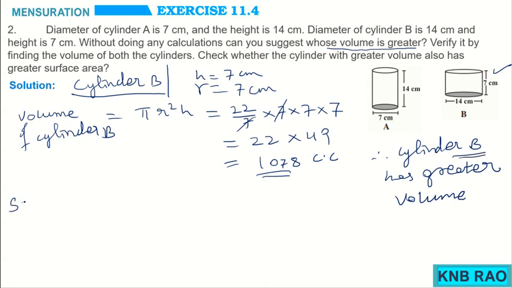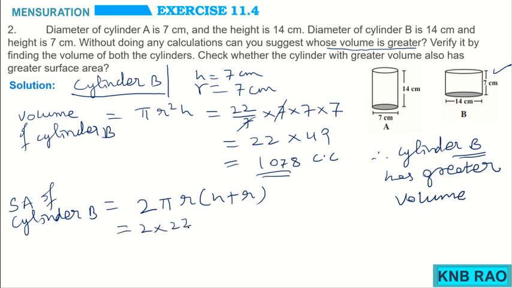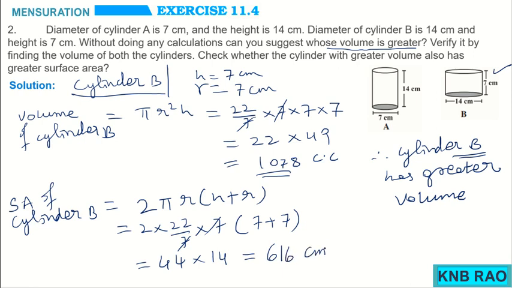Now, we will go for surface area of cylinder B. So, cylinder B surface area is also calculated with the same formula 2 pi r times of h plus r, where 2 into 22 by 7 into 7 and 7 plus 7, where this 7 and this 7 get cancelled. 22 2s is 44 into 7 plus 7 is 14, and 44 14s is 616 centimeter square.